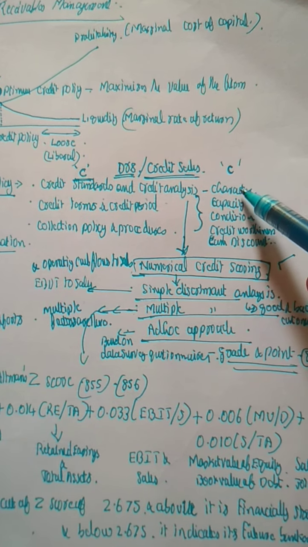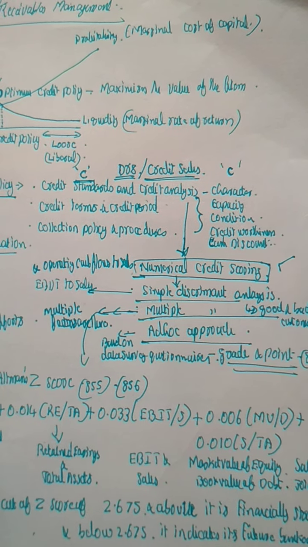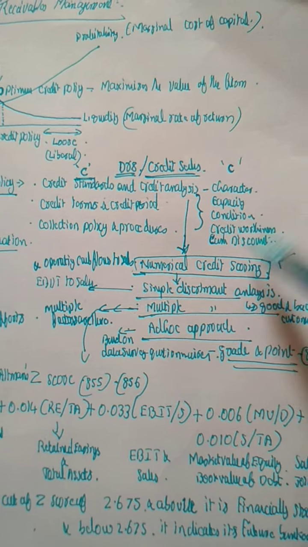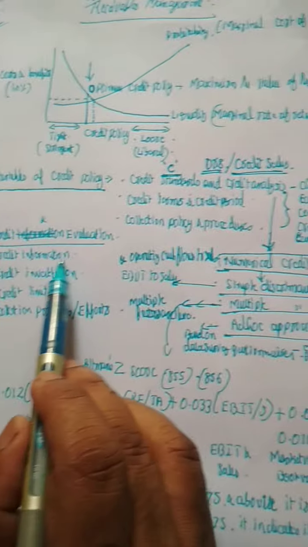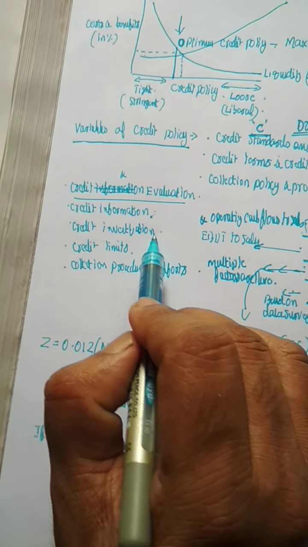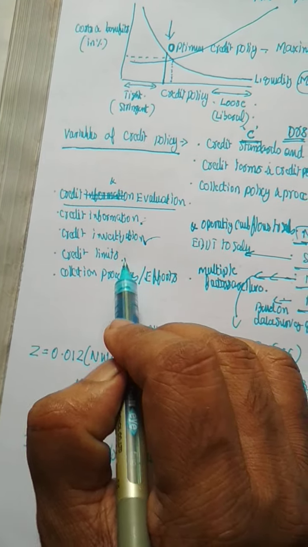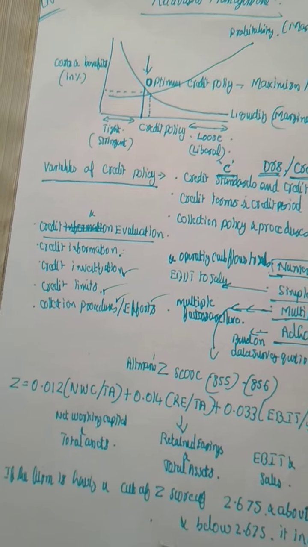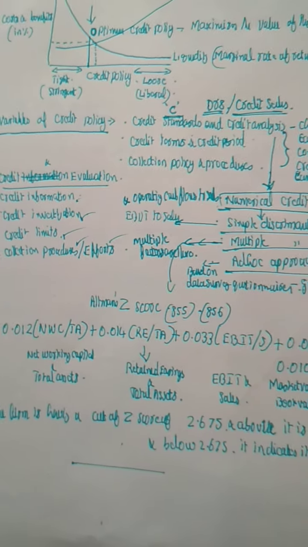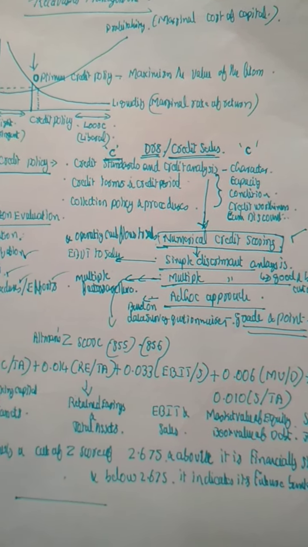What are those 5 things? Character, capacity, condition, creditworthiness, and cash discount aspects should be taken into consideration. Similarly, you should be aware of credit information. Credit investigation should be done. Credit limits should be fixed. Collection procedures and efforts are also very important. So these are the things which we have to focus on.